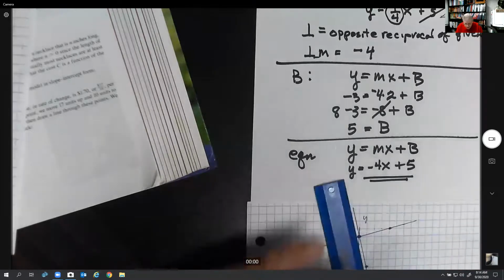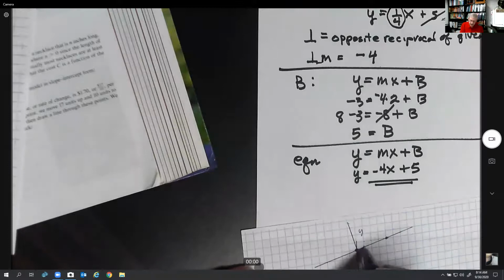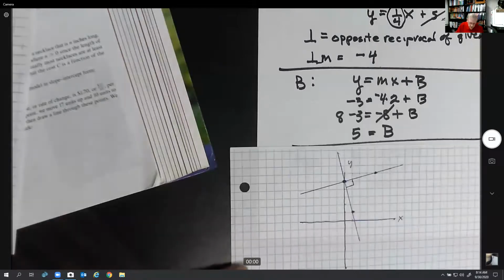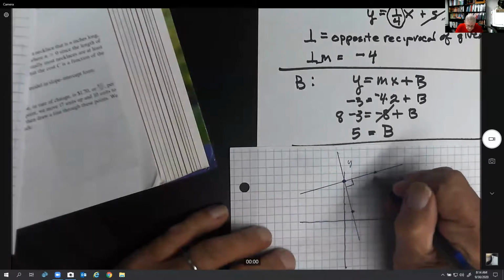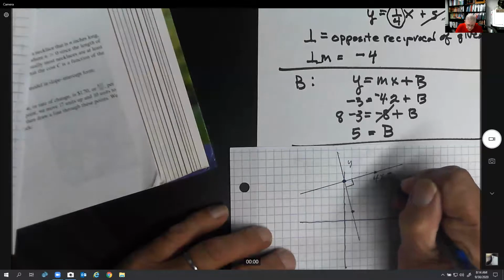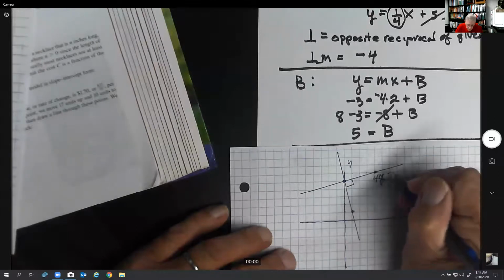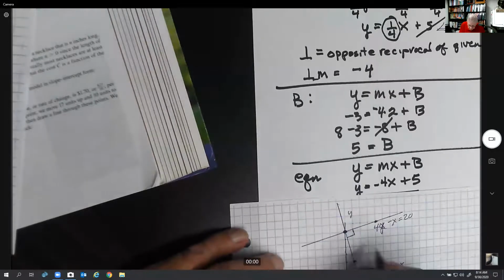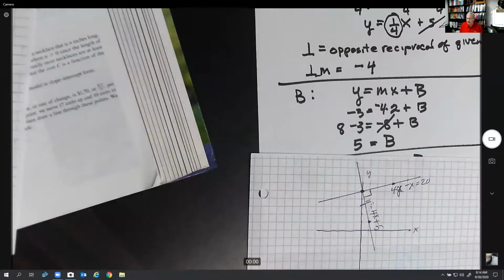And if we did it correctly, this should be a right angle right there. Here was the original equation, and here's our new and improved equation. And there we got it.